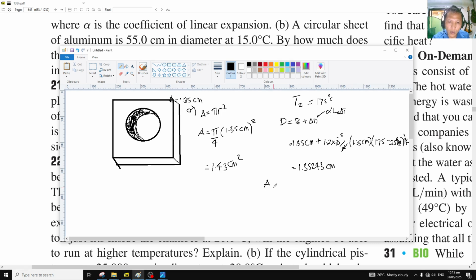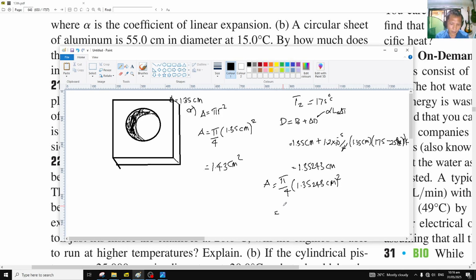So you can compute your new area to be pi over 4 times 1.35243 squared, in square centimeter.